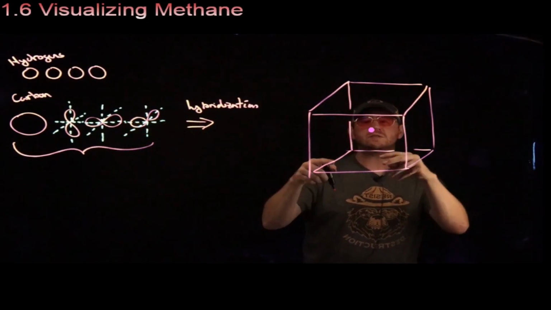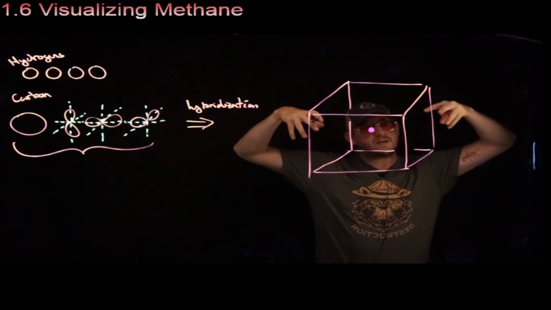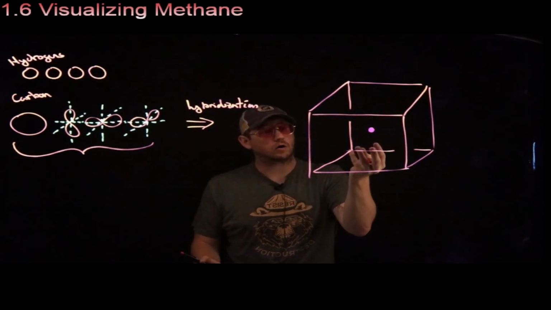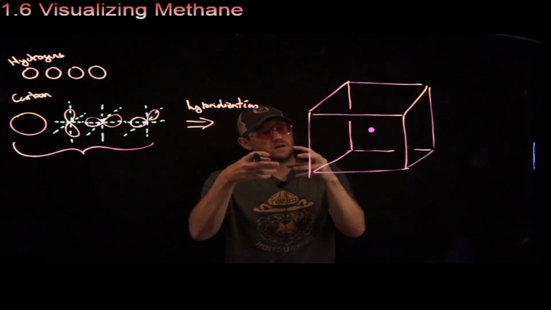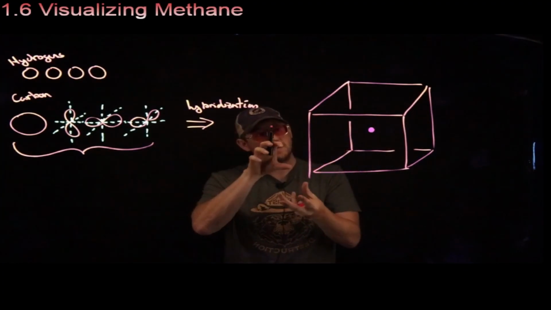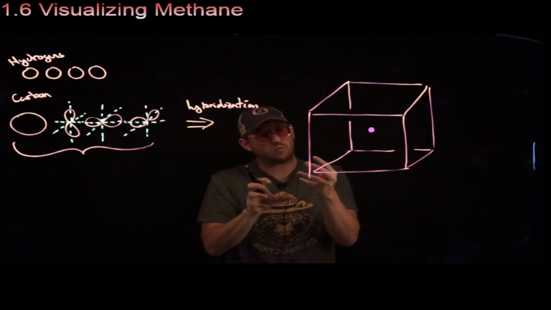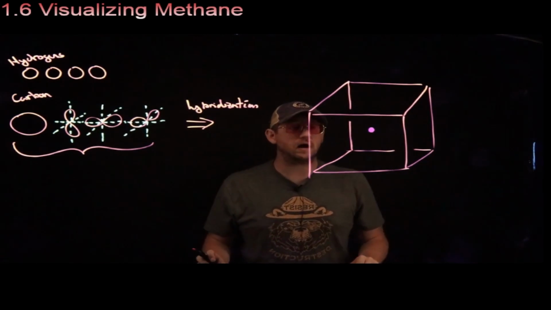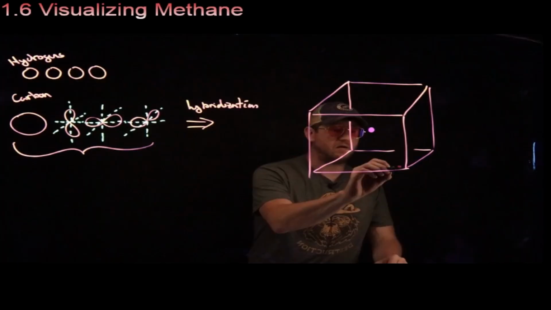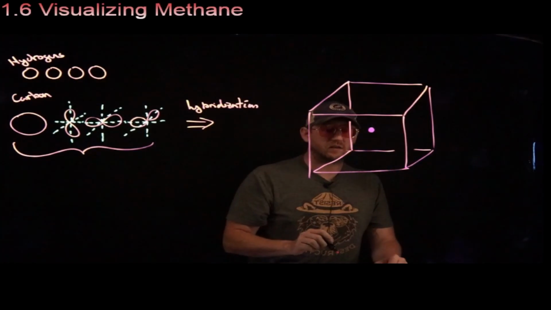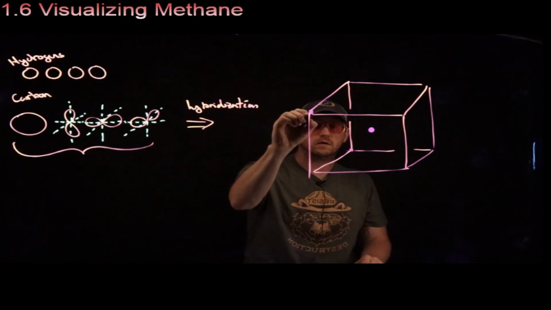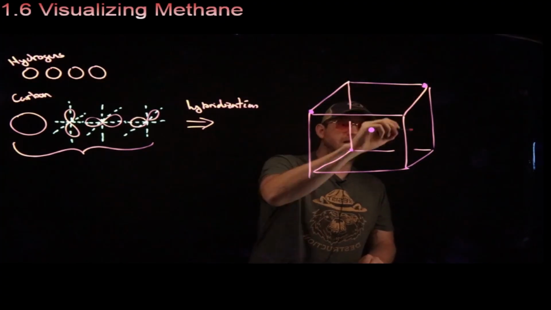And as a result of trying to minimize the space around our carbon so that we can effectively put the most electron density around this thing in equivalent space, what we're going to want to do now is imagine that we have an orbital that touches this corner here, this corner here, this corner here, and this corner here.